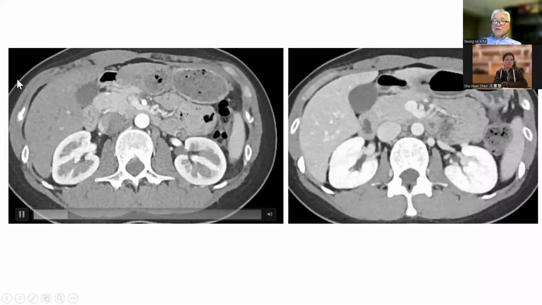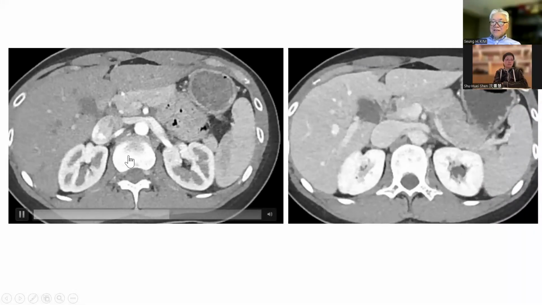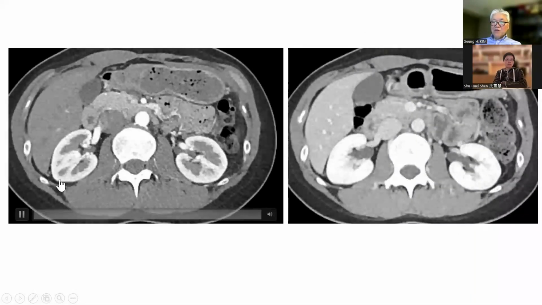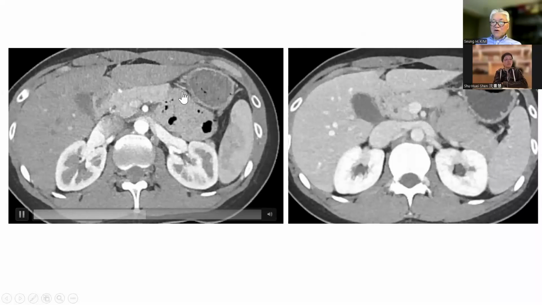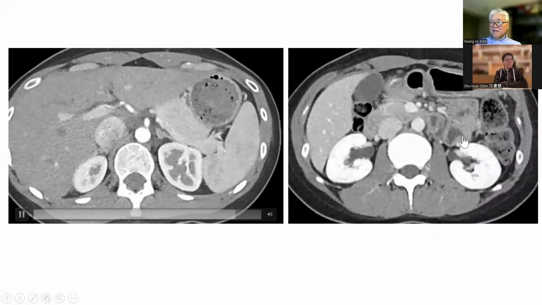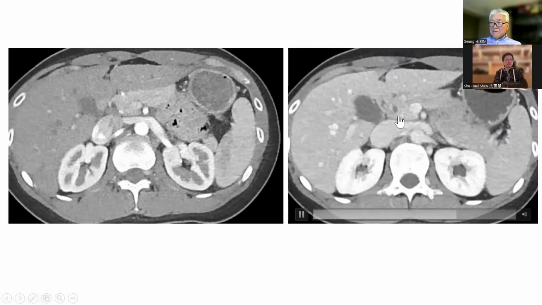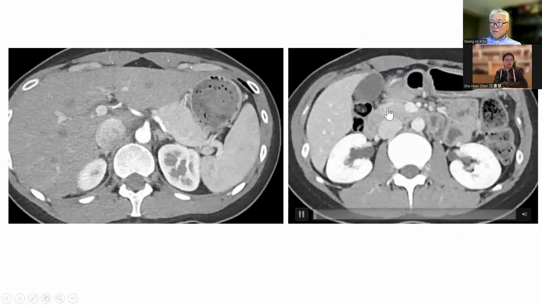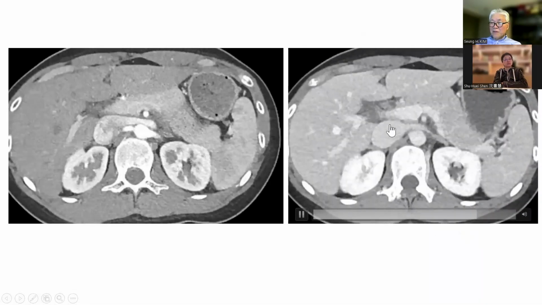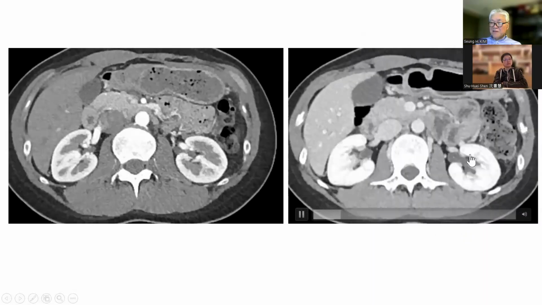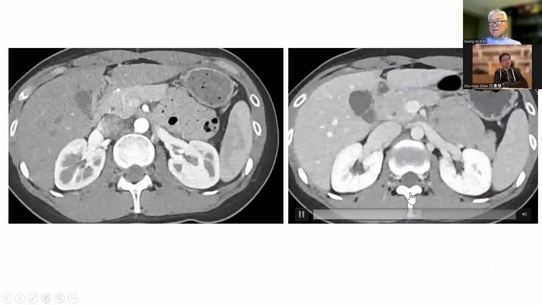So when we do a CT scan, even if we do not have the optimal early phase CT scan, maybe we can observe the flow pattern, even in this non-optimal CT scan.